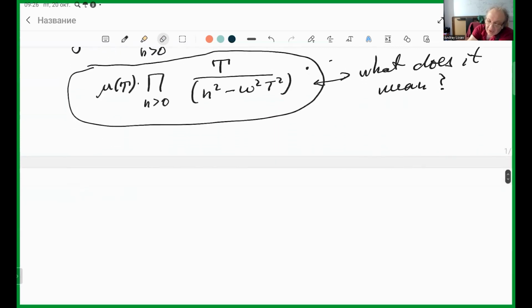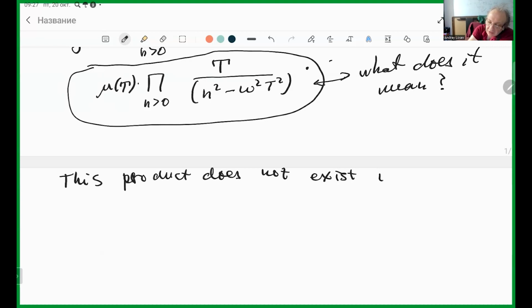It is something weird. So this product does not exist in mathematics.